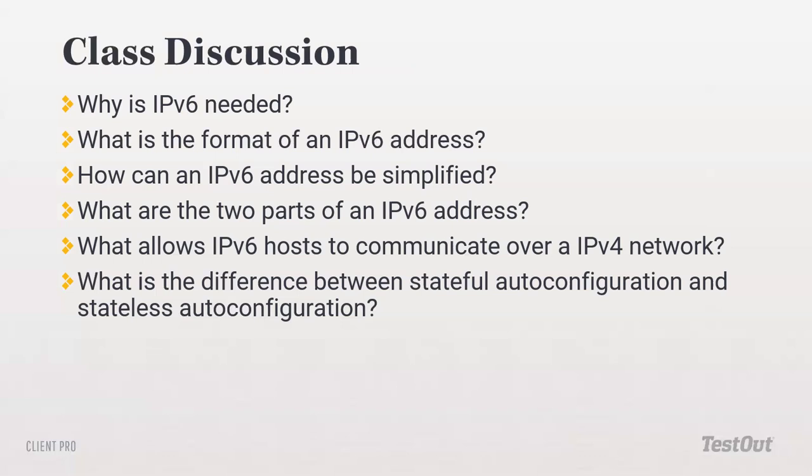And then you can use tunneling, either Teredo or 6to4, to allow IPv6 hosts to communicate over an IPv4 network. And the difference between stateful and stateless is how the client ID is generated for your IPv6 address.